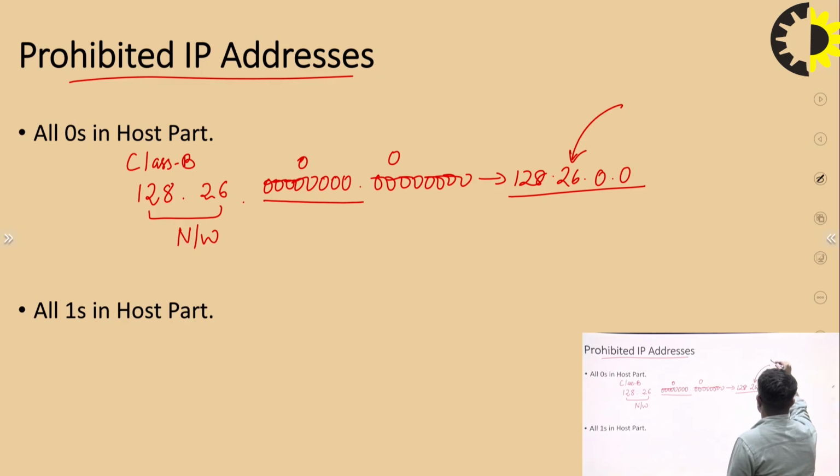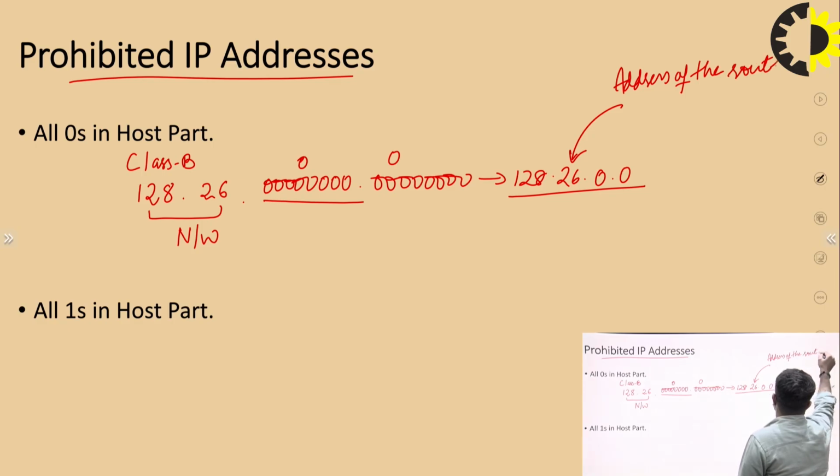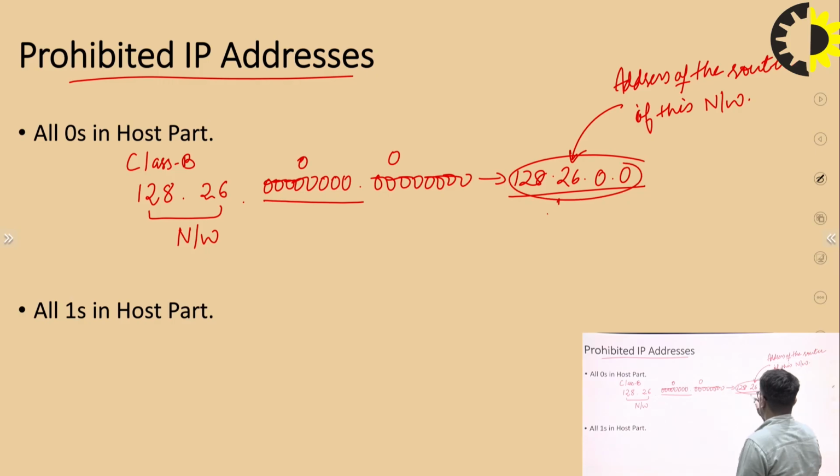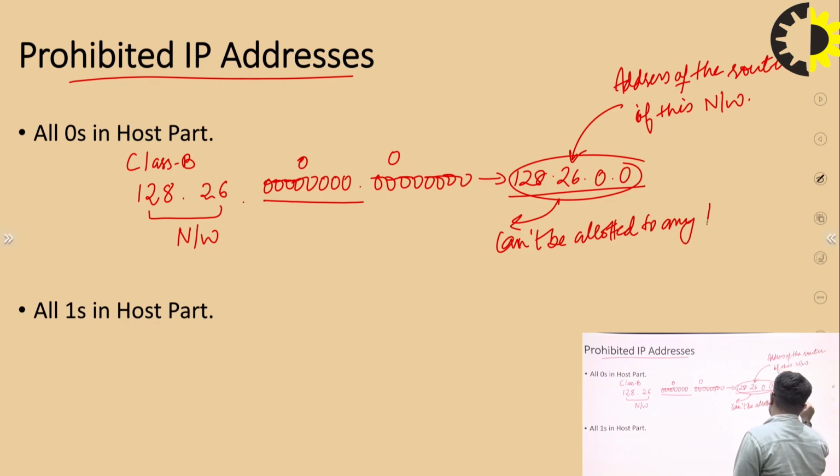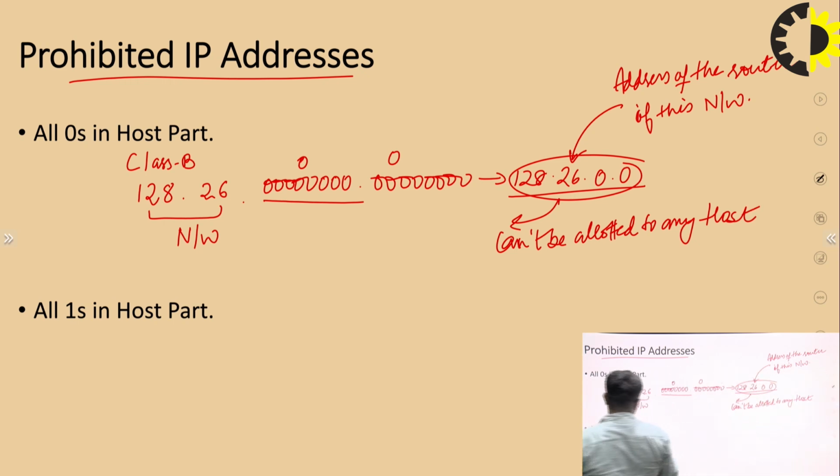This is the address of the router of this network, so it can't be allotted to any host.